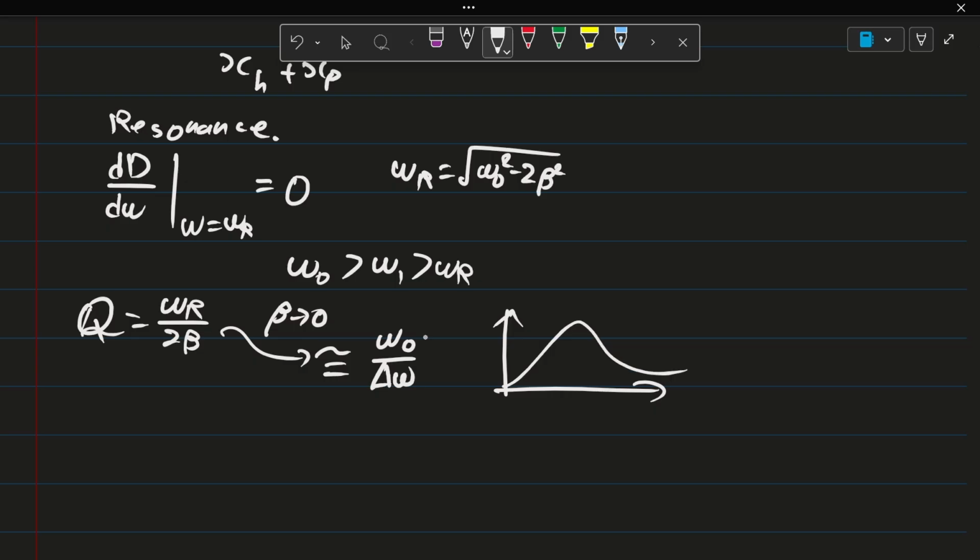Let's say it's something like this. You take the point at the height of 1 over square root 2 of the total height A, and measure the distance between these two points. This is the delta omega.